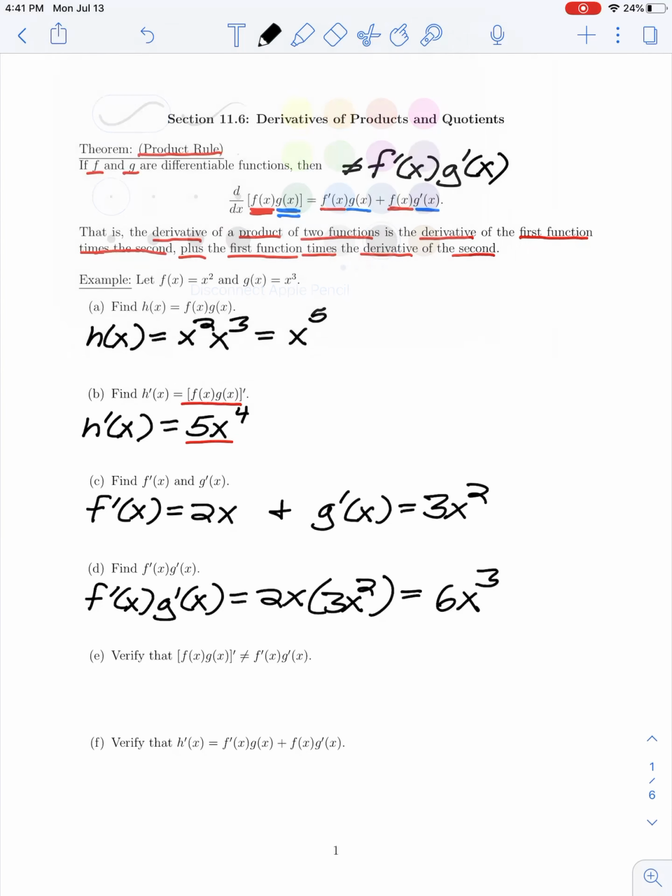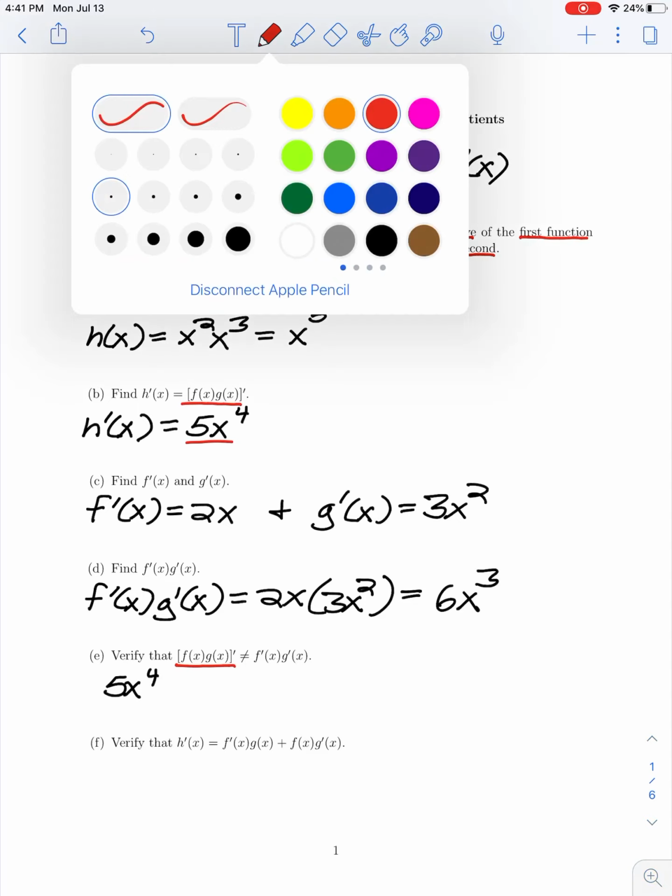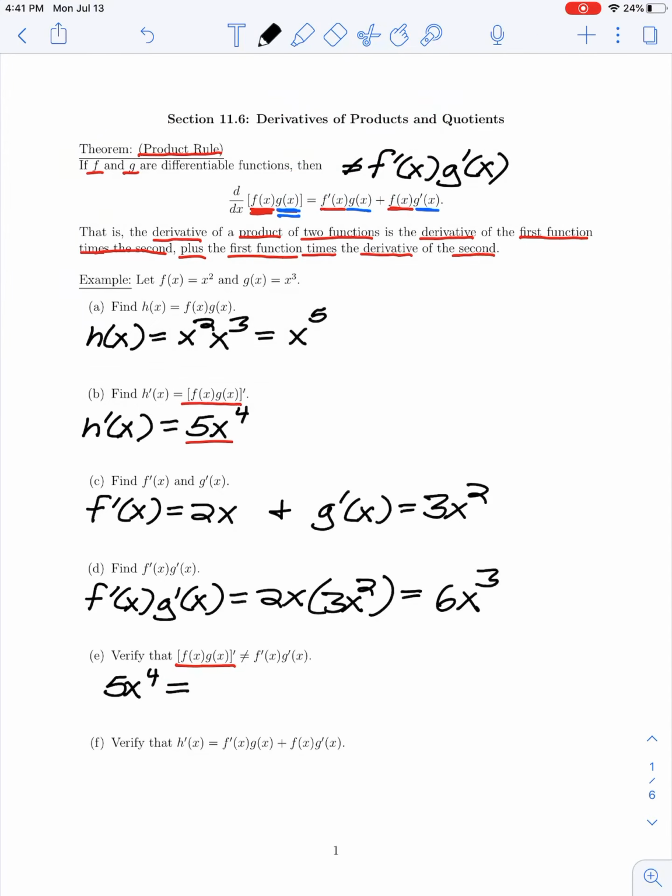So here, our left-hand side of the equation is 5x to the fourth for the derivative of f times g. And then we ask the question, is that equal to the product of f prime and g prime? Now in our earlier work, part D, we found the product of the derivatives, f prime and g prime, is 6x cubed. So our right-hand side of this equation is 6x cubed. And we can see that these two expressions are not equal to each other.